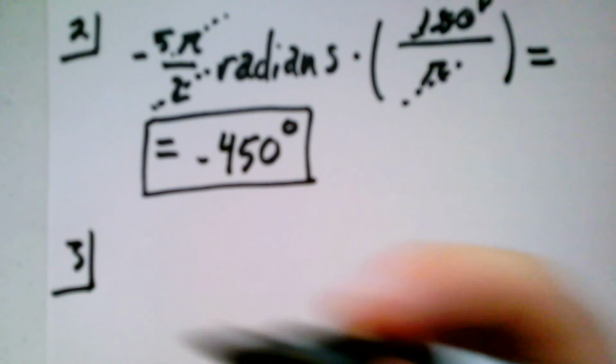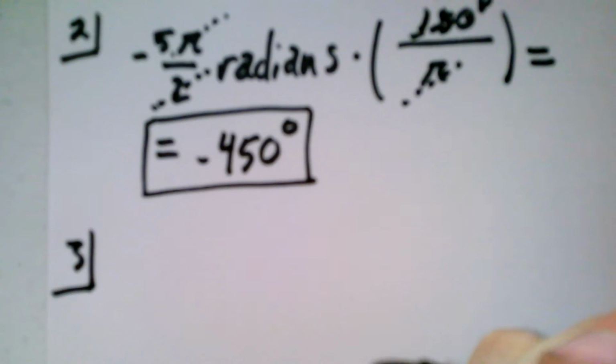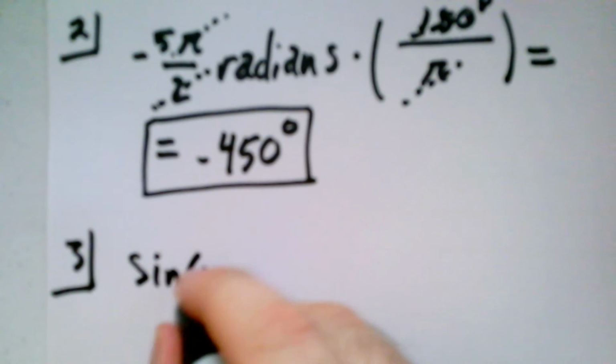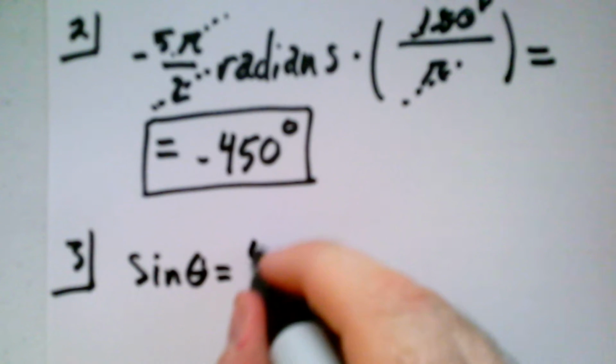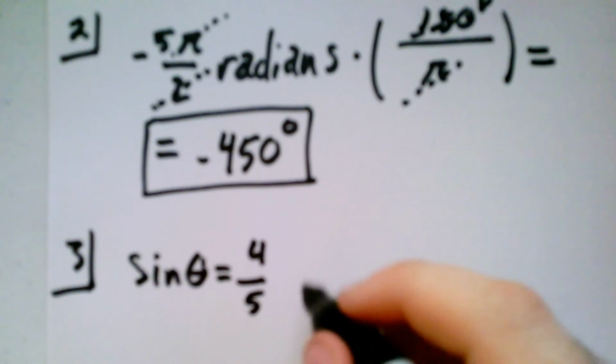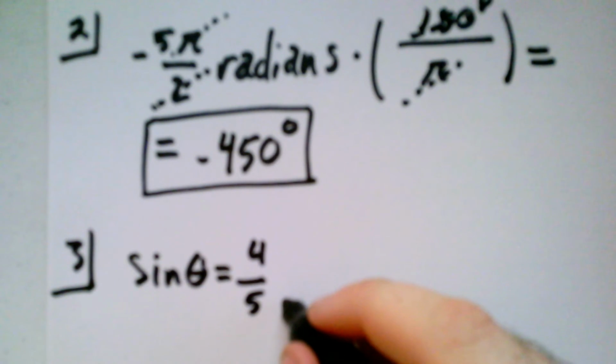How about, let's see. If we're given, say, that the sine of theta is equal to 4/5, what are the remaining trig functions?